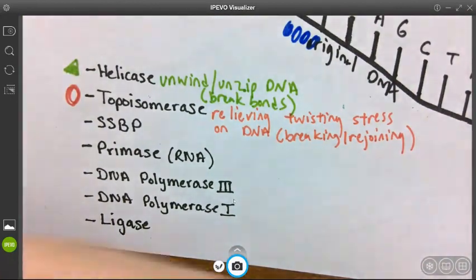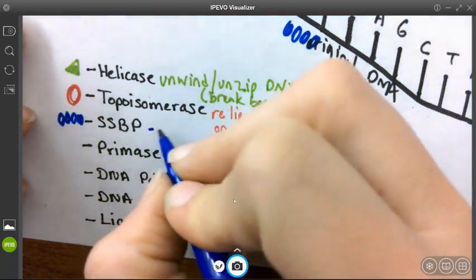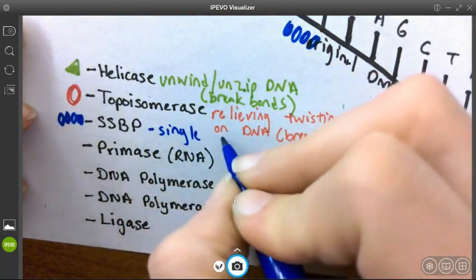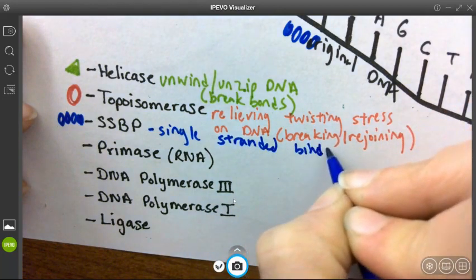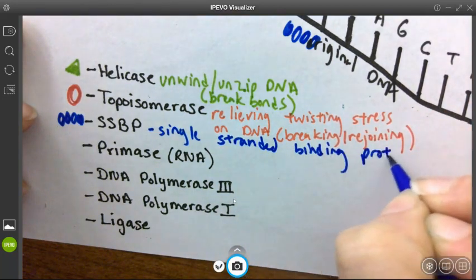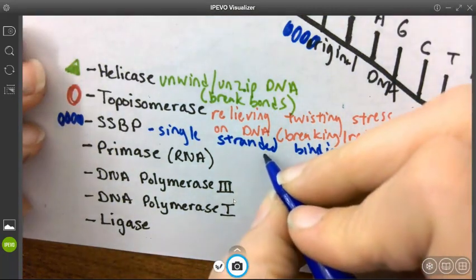The last enzyme in this first category are the single-stranded binding proteins. The job of these proteins is to stabilize the open DNA strands.